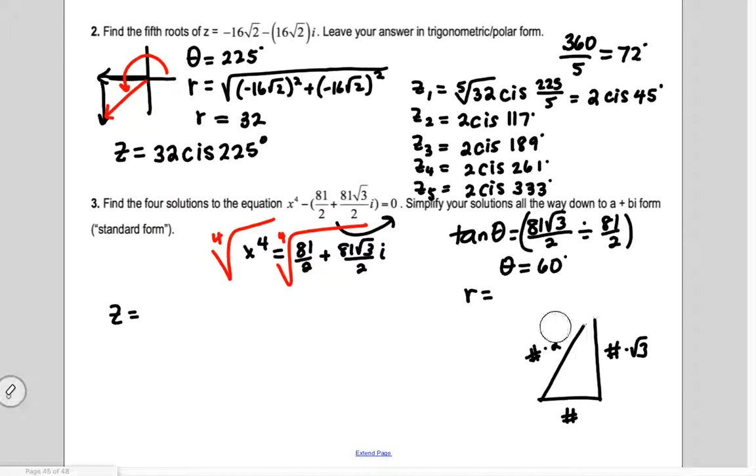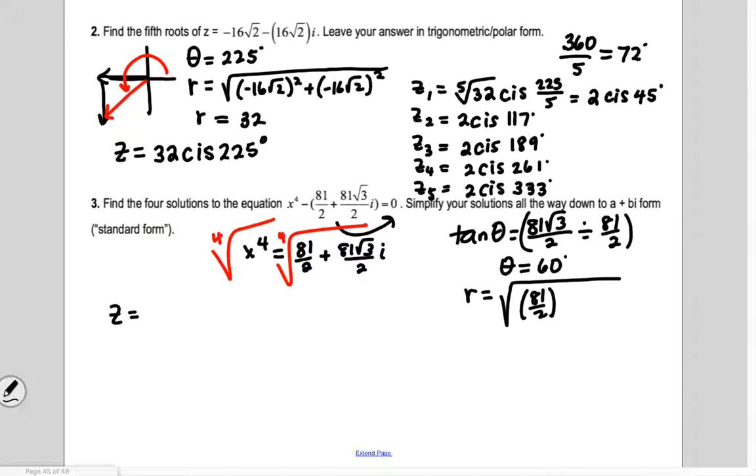But again, if you didn't recognize the 30, 60, 90 thing, you would say, I have my 81 over 2 squared plus my 81 root 3 over 2 squared, and you would end up still getting 81. Okay, that's the hardest part. We got this. So we have r is 81, cosine plus i sine of 60 degrees.